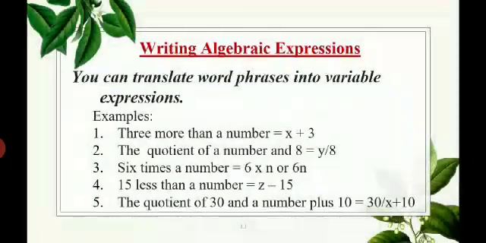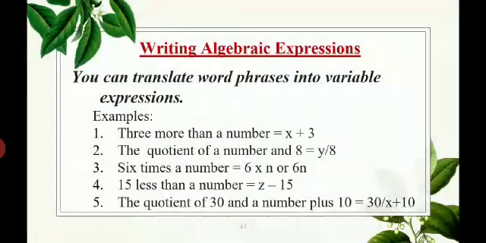Now write algebraic expressions. How can you write them when they are in phrase form? Like 3 more than a number. The number is denoted by any variable, which is x, a, b, c, any alphabet, plus 3. The quotient means the division form of a number and 8.